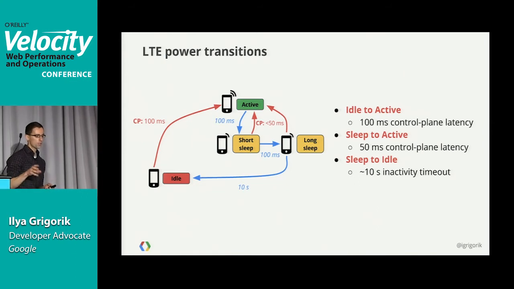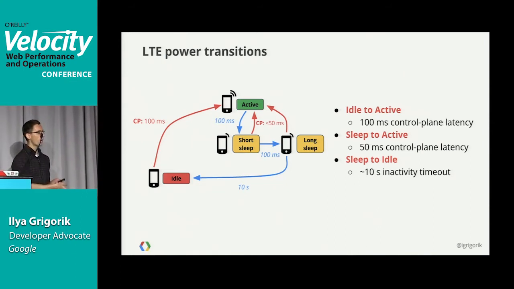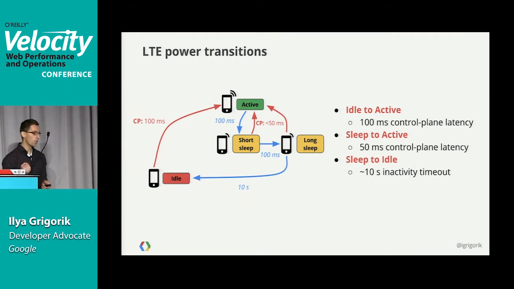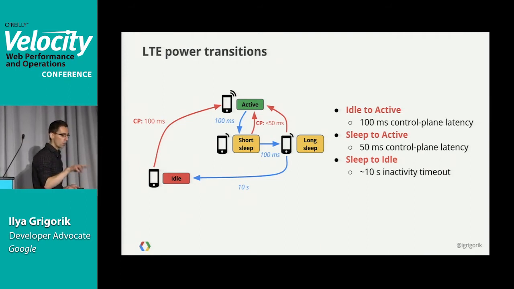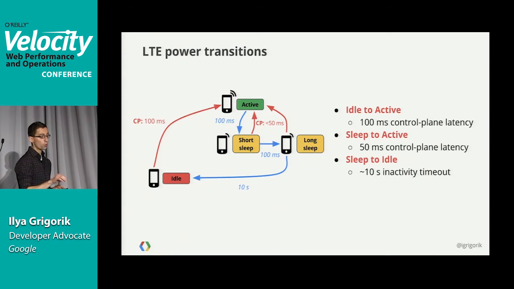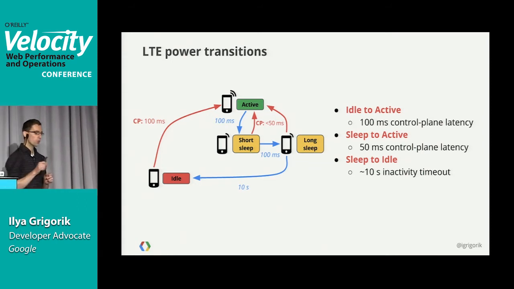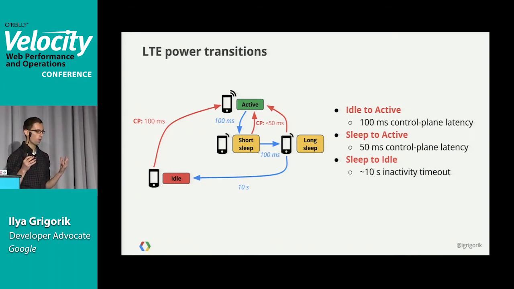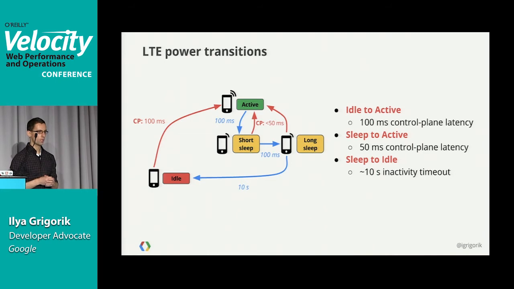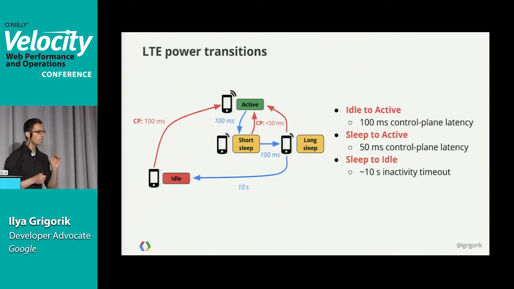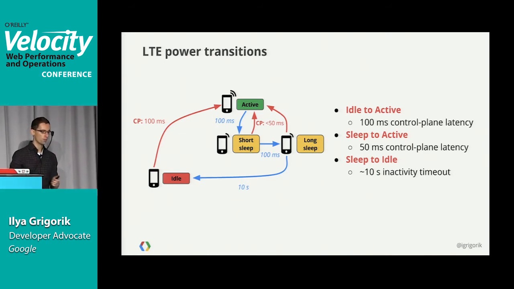And then after about 10 seconds, it'll cycle back into the idle mode, right? So the thing to take away here is that, first of all, there's all of these control plane latency costs incurred between the transitions, but also look at the fact that we haven't talked about how much data is being transmitted. And we'll see why that's important in a second, right? Like any byte that you transfer will have to incur this transition.